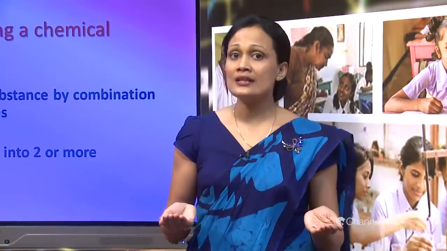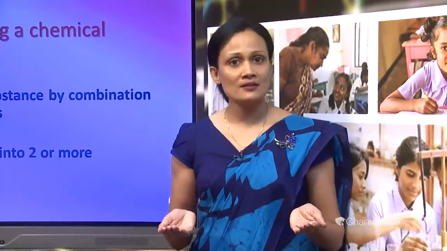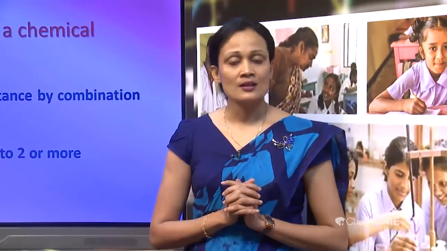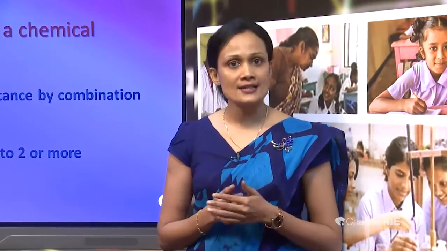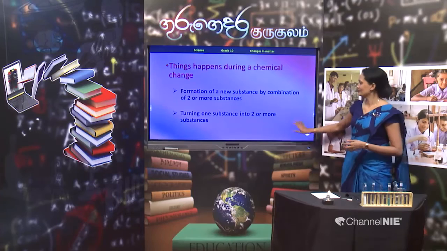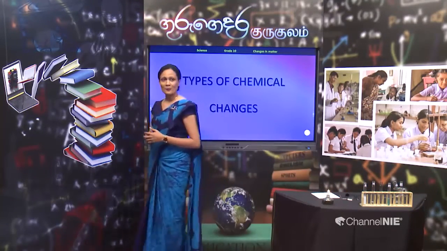If we observe the nature of the chemical reactions, we can divide these chemical reactions mainly into four groups. So now I am going to discuss that four types of chemical changes. Types of chemical changes.